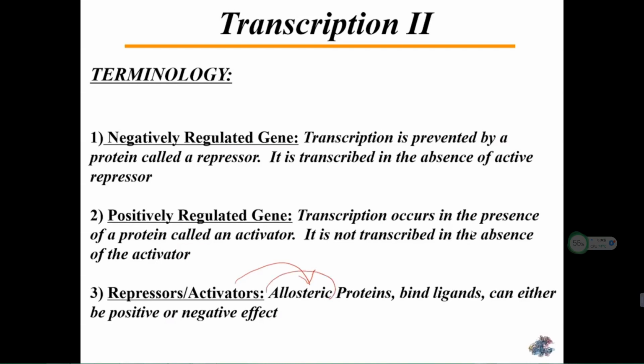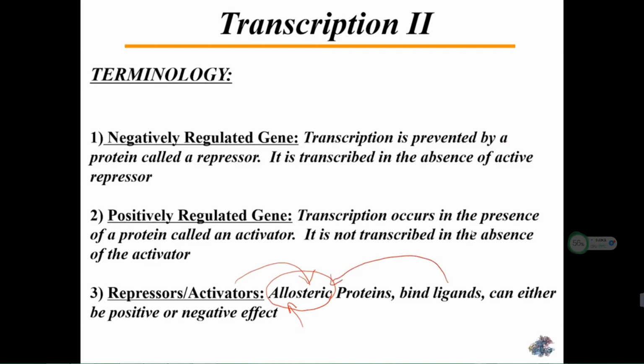So do you remember back in Biochem 210 when we talked about allosteric proteins? It means that they can also be regulated at a specific site other than their particular active site. So these repressors and activators can bind ligands at their allosteric sites.